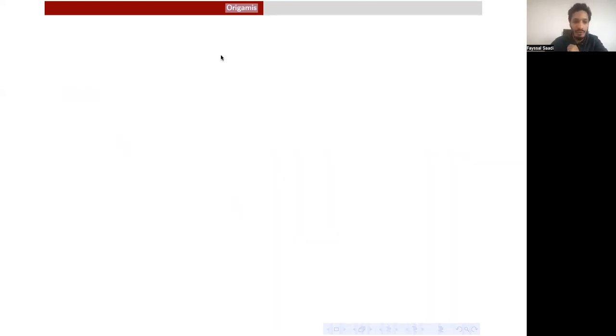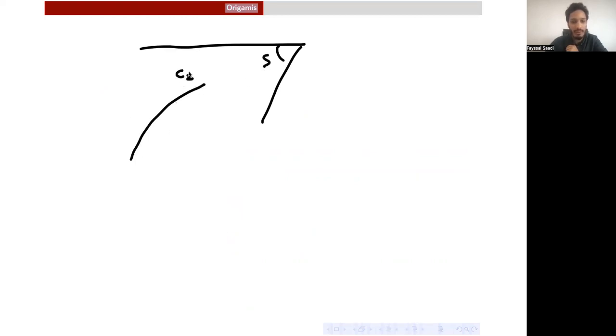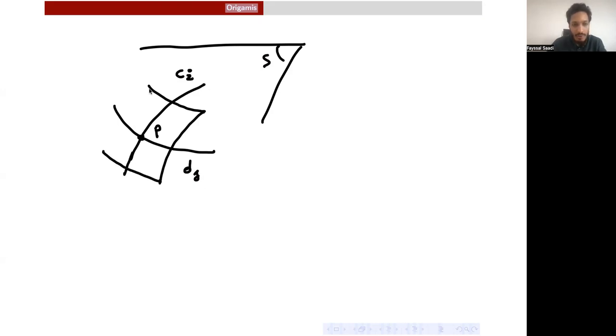So to do this, let's consider our surface S. And if you have, let's say, this is CI, and it intersects DJ here, at the point P. So we can always consider, what we will construct here, a square in this way, centered at the point P. And then if you do this at all the intersections, at the end you will get an origami.